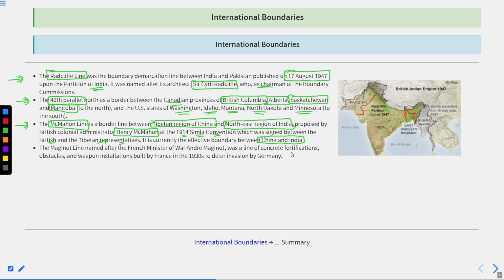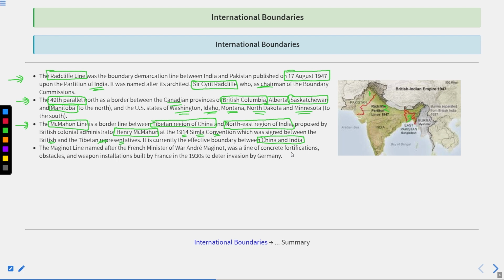To resolve this dispute, there was a convention at Shimla in 1914. In this convention, British colonial administrator Henry McMahon proposed a line between Tibet and India. And that line was named after him, the McMahon line.